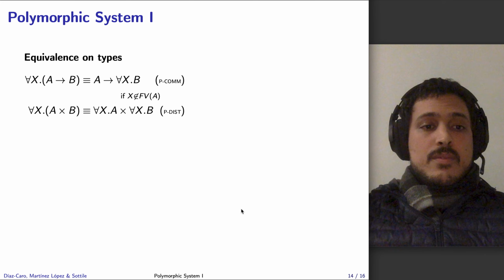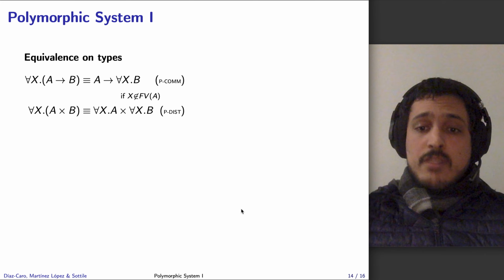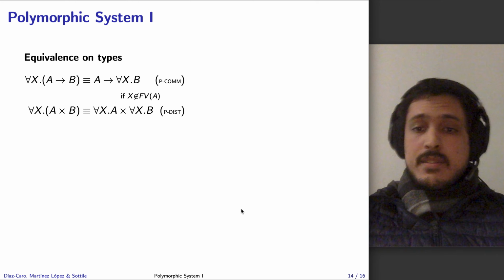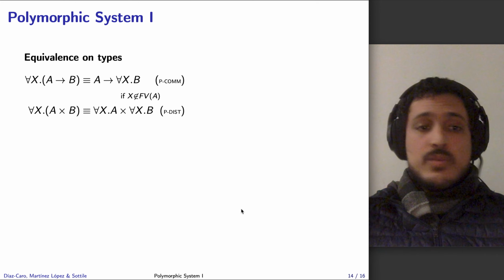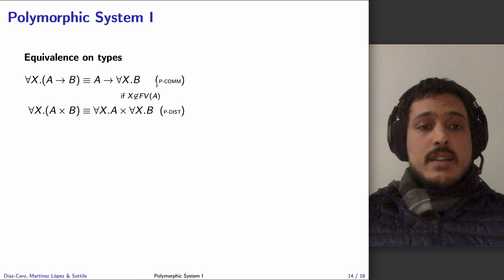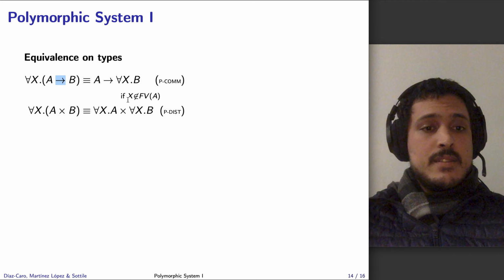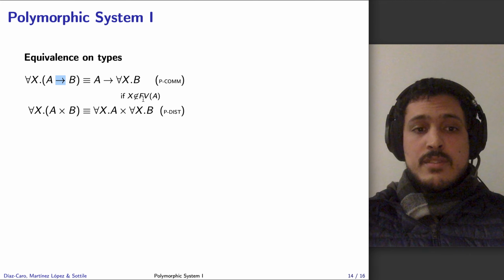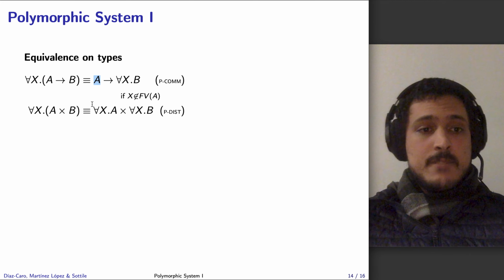So the equivalence on types of system I gets extended by adding these two equivalences, these two isomorphisms, that say that the for all and the arrow are commutative, right? Of course, if x is not free in A, right?